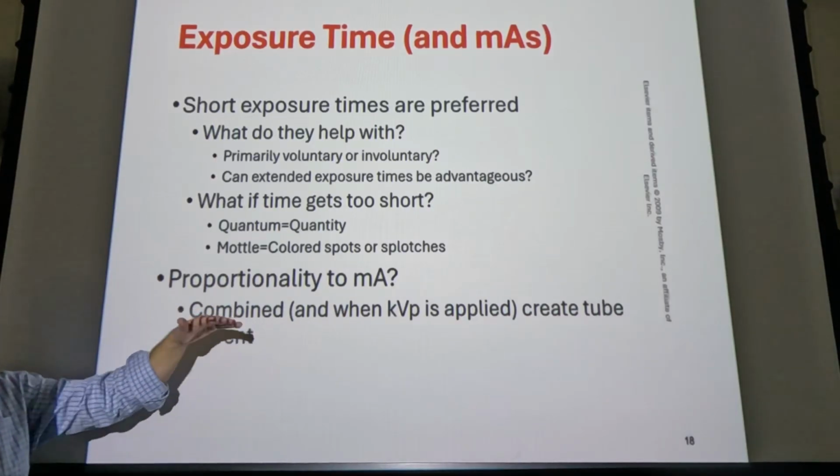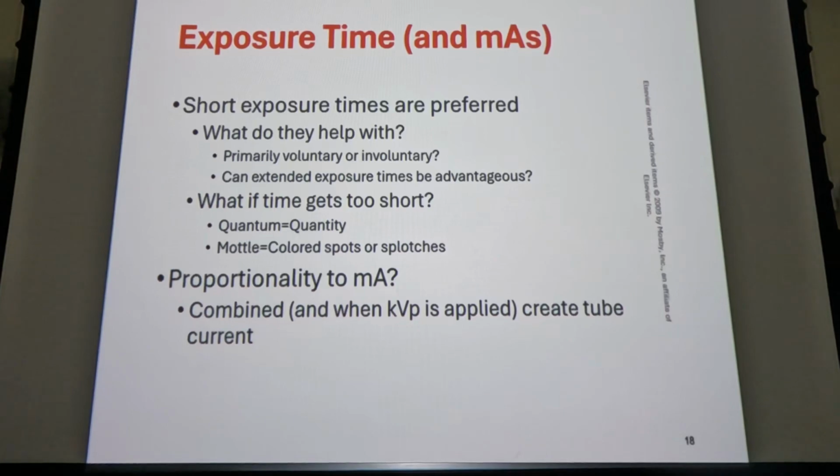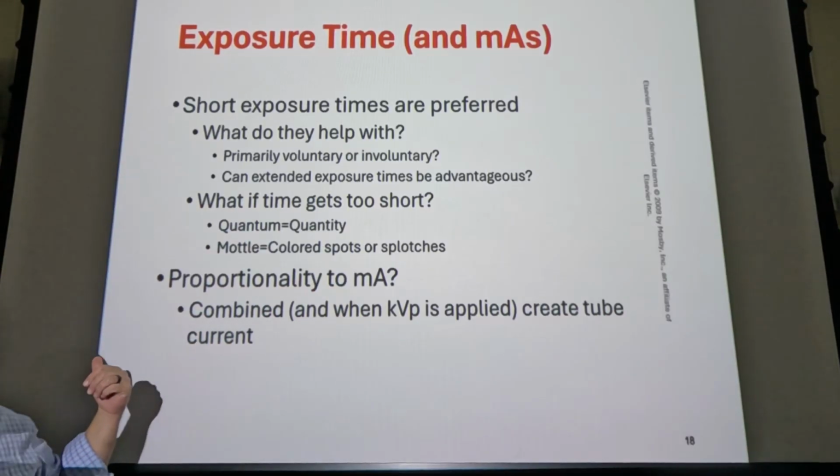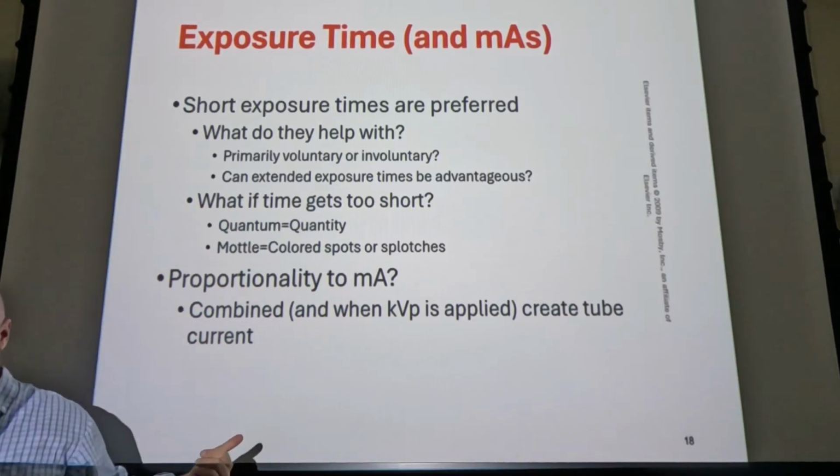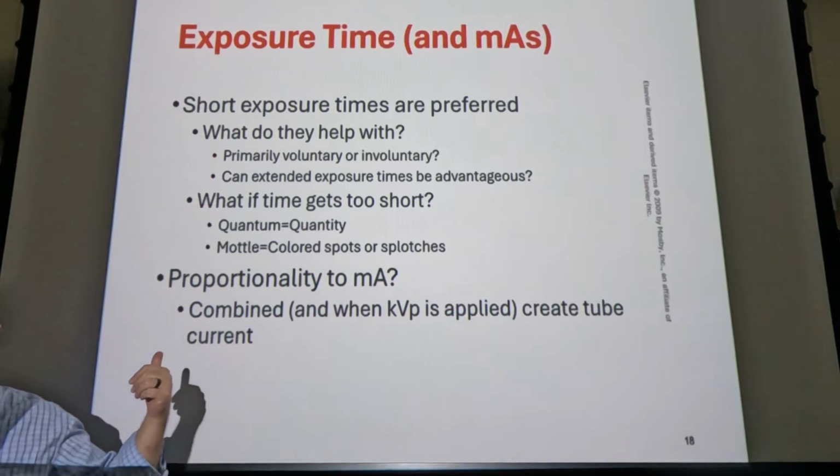Okay, so proportionality to mA. Well, in overall mAs, mA and time are interchangeable essentially. So they're combined when kVp is applied to create the tube current.